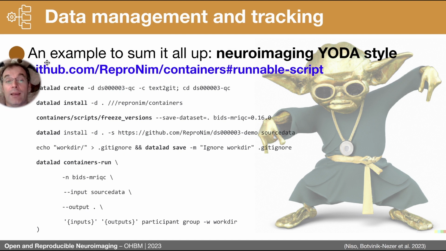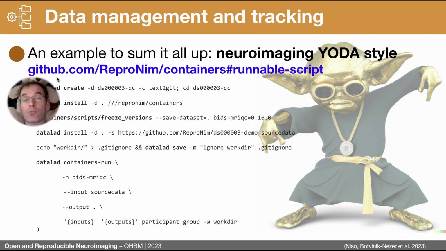Then you install that container which I mentioned with all the useful analytics pipelines already present as a dataset. You install it as a sub-dataset, so you have access to all the Singularity containers. You could even optionally freeze the version, so later on, if you update the sub-dataset, you will still be using that particular MRIQC version in the next line.